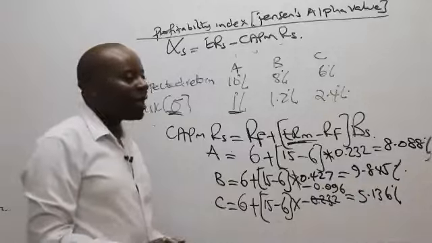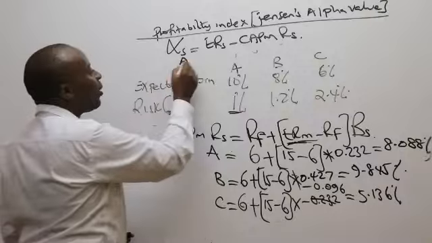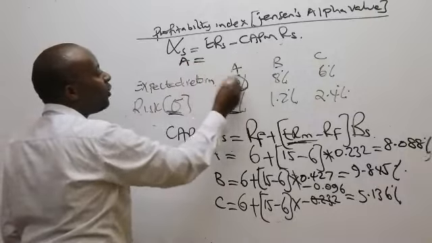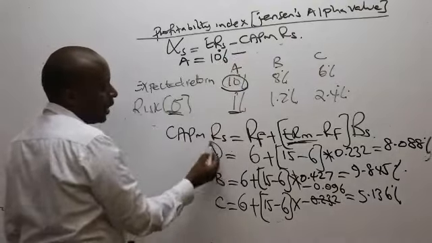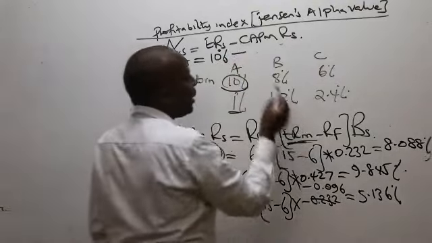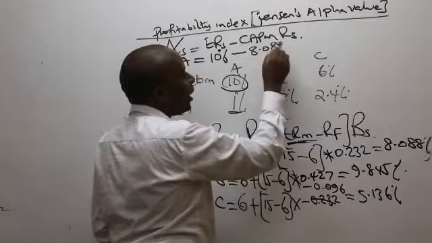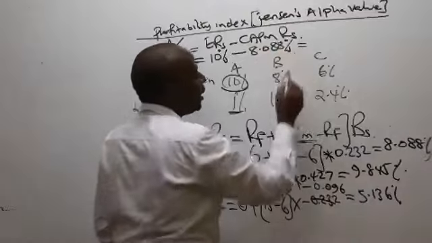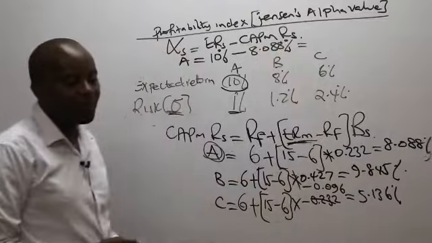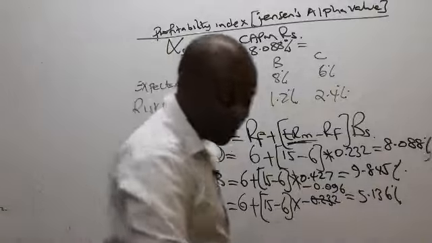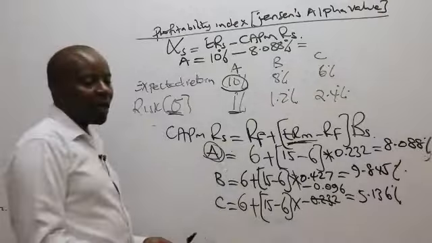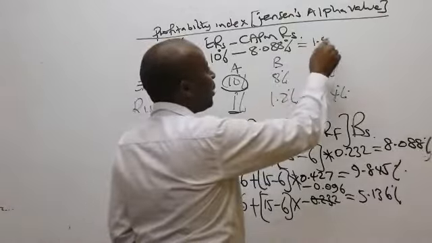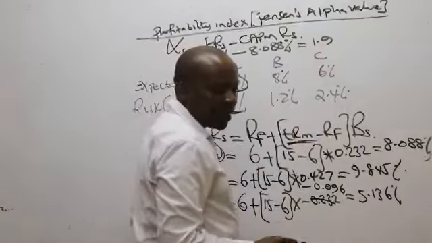For example, if it is A, we know the expected returns of A. These are 10% minus the CAPM returns of A, which happens to be 8.088%. Could you kindly give me that figure? So Lokai tells me it is 1.912.